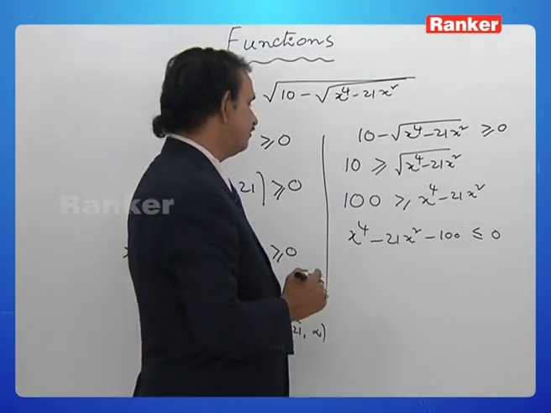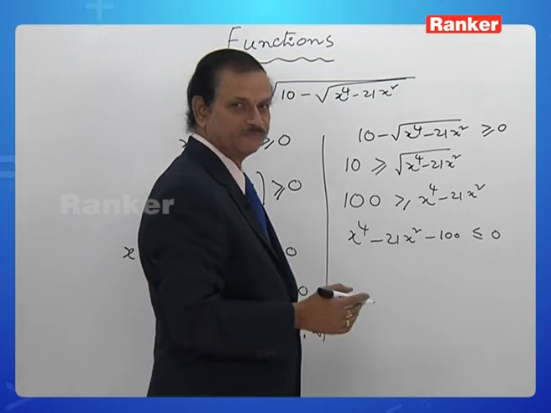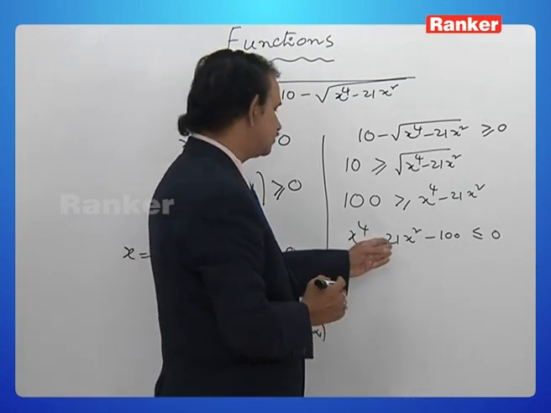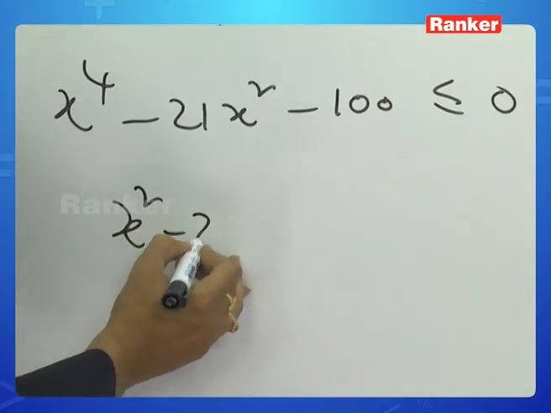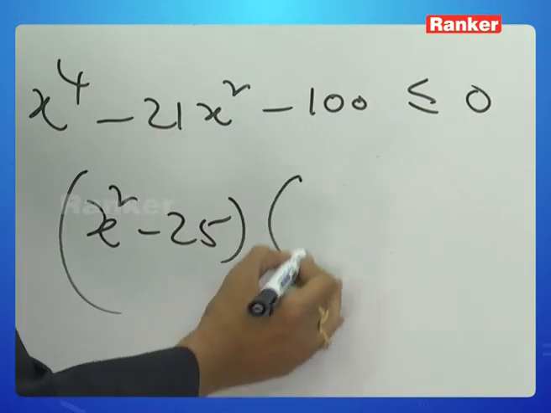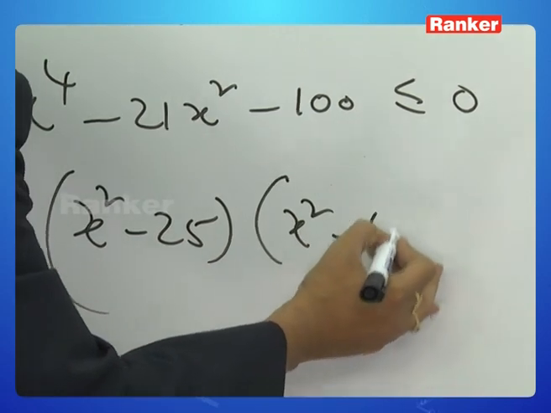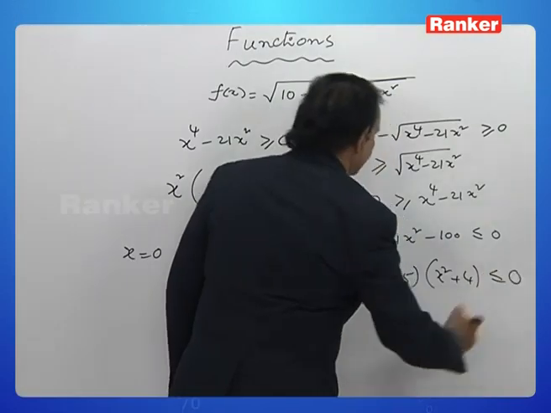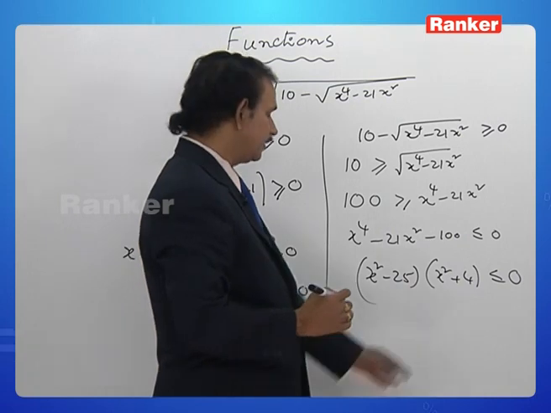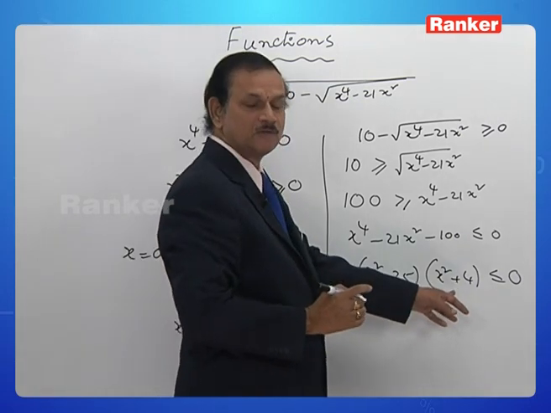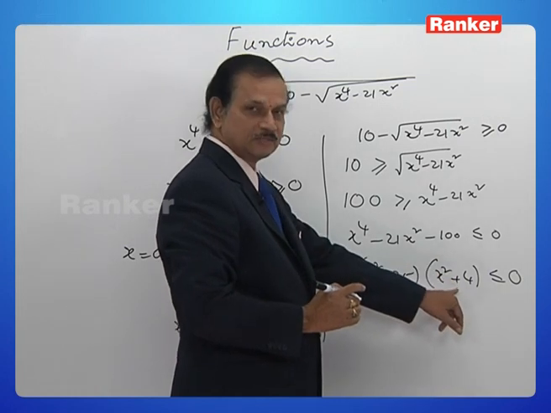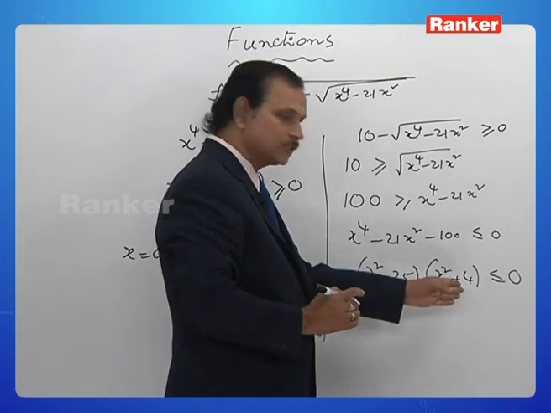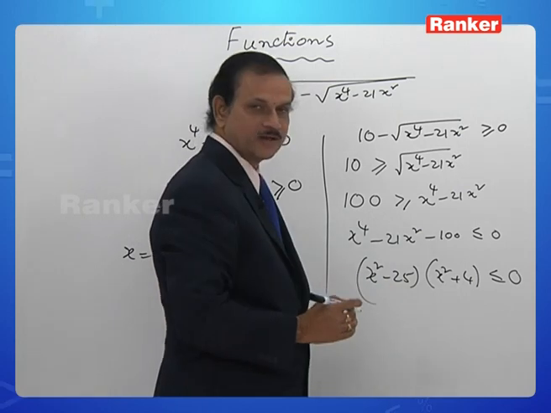Let us now have the factors for this. 25 fours are 100. 25 minus 4 is 21. Therefore, x square minus 25 into x square plus 4 less than or equal to 0. Here, x square plus 4 is absolutely positive. Perfect square, perfect square. This is absolutely positive. Therefore, to make this true, this must be less than or equal to 0.